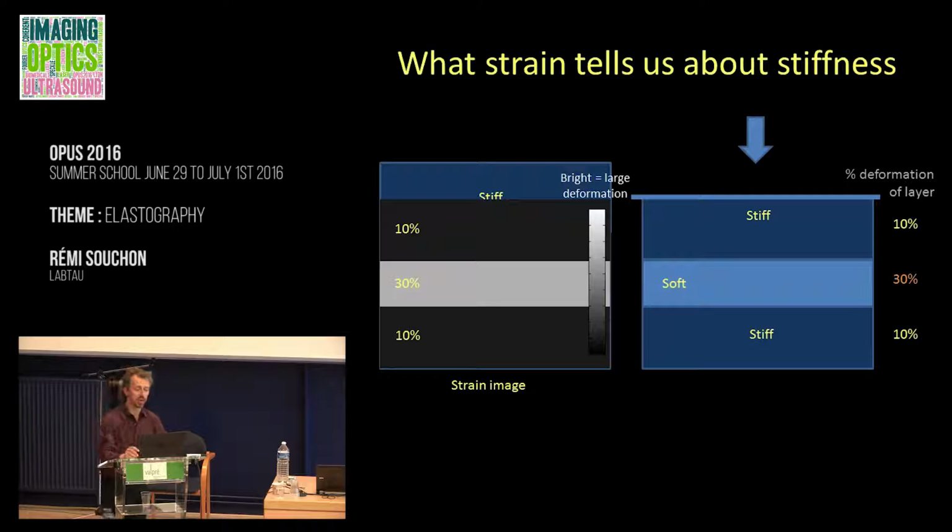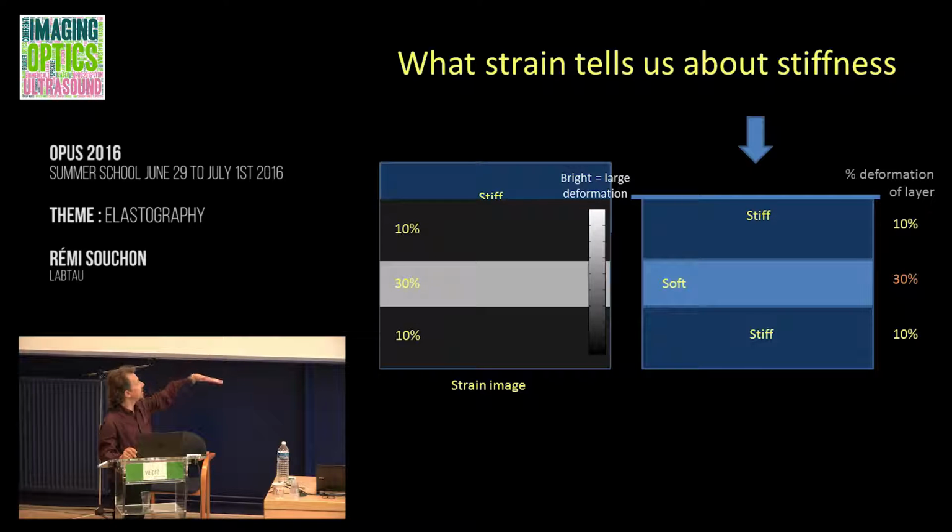And this strain tells us something about stiffness. Think of this, for example, as a 3-layer sandwich. It's made of 2 stiff layers and a softer layer inside. Assume now I compress on the top of the sandwich using a rigid plate.